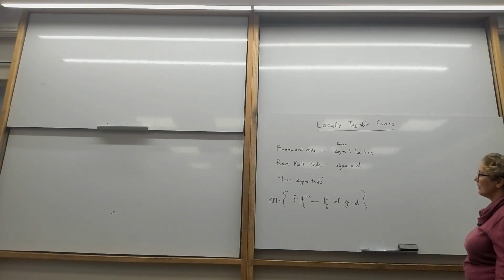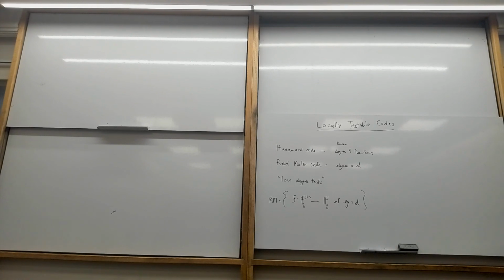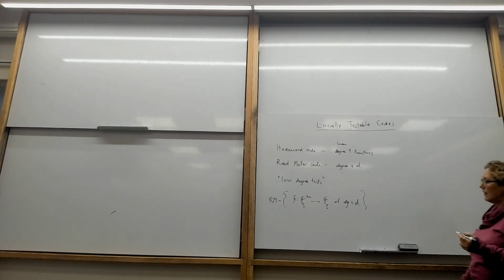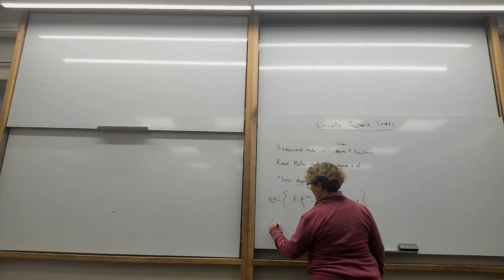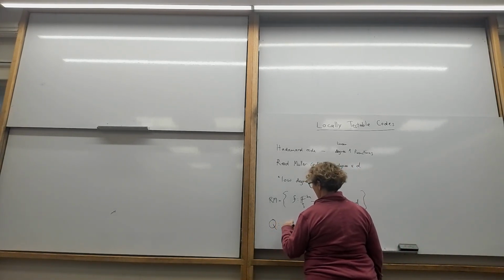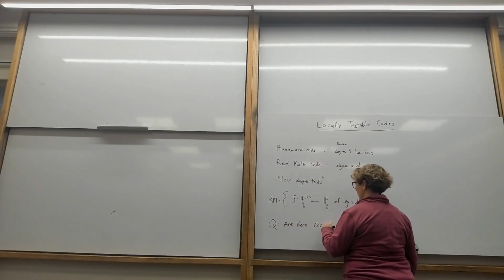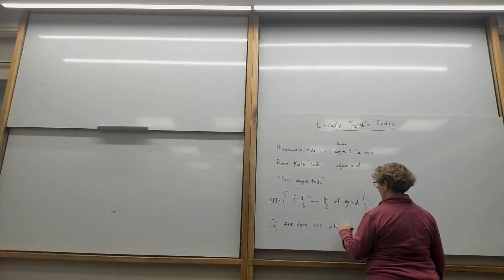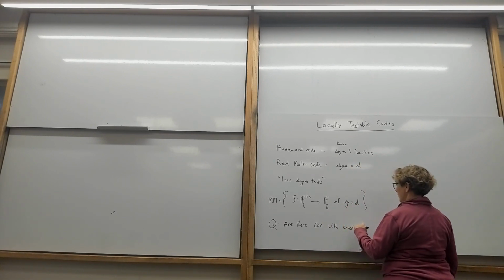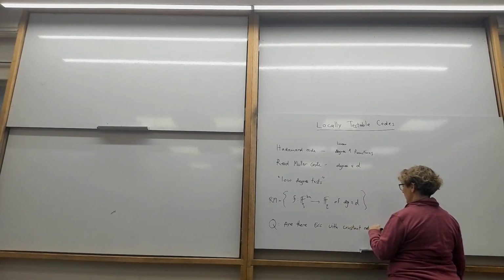So these are these algebraic codes, and there's many other locally testable codes. I'm not going to give a history here. But anyway, a natural question that one can ask is, are there error correcting codes with constant rate and constant distance?